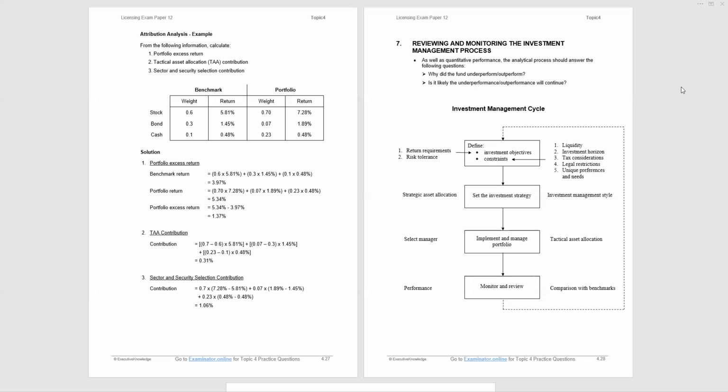If we do the same for the actual portfolio return, we get 5.34%. So the actual return of 5.34 is significantly greater than our benchmark of 3.97. We've outperformed by 1.37. The portfolio excess return is the portfolio return minus the benchmark return, giving 1.37. So what's the tactical asset allocation contribution?